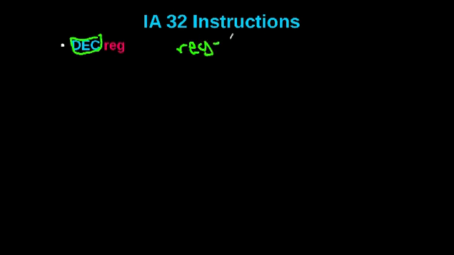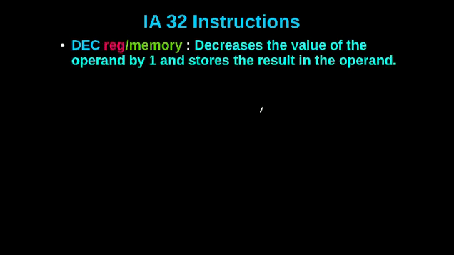If the register had 10, now it's 9. I subtract 1. And it takes either a register or a memory location. A decrement instruction takes one operand, either a memory location or a register. A constant it doesn't take. I can't say decrement 5.